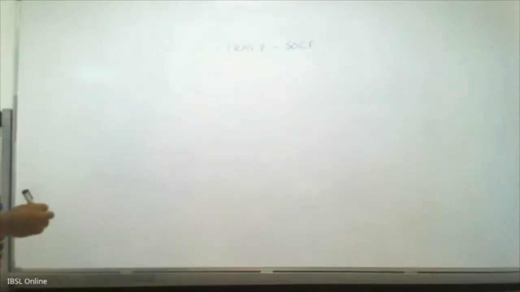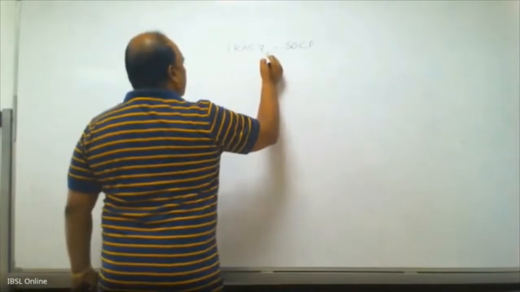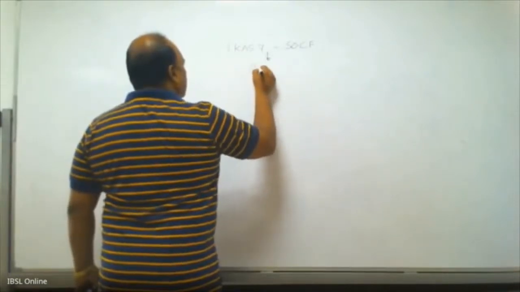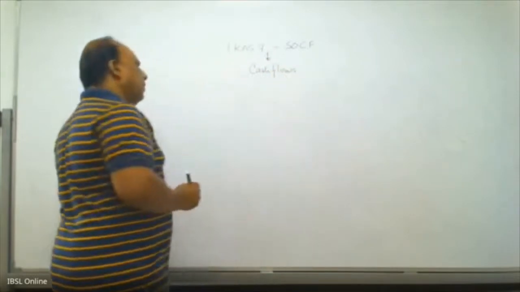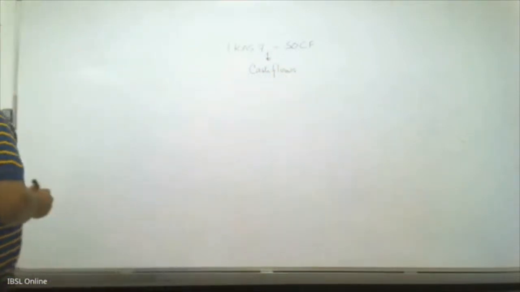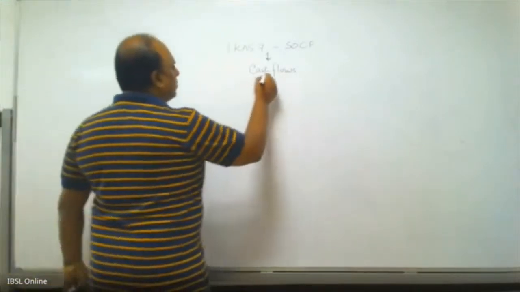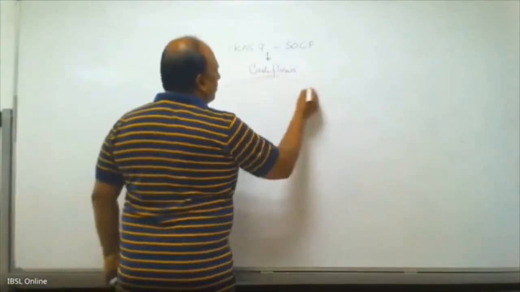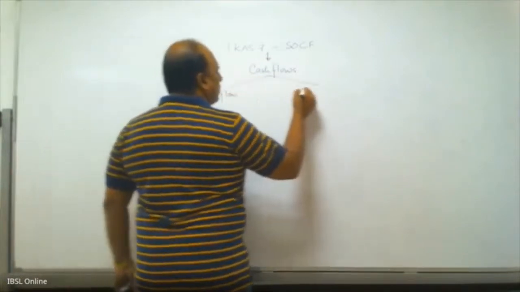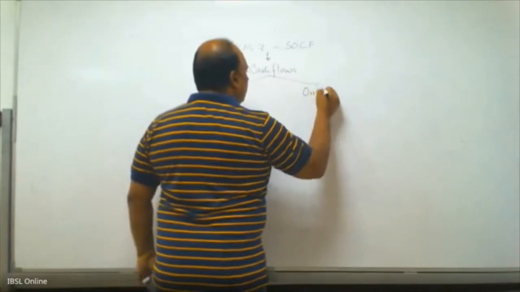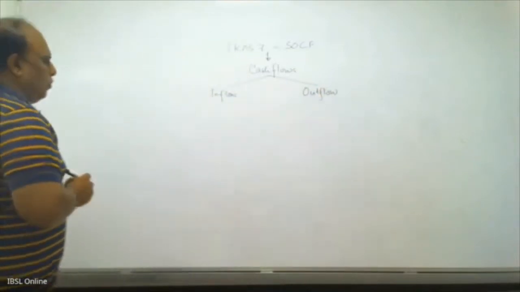So what we were looking at under statement of cash flows was basically about cash flows of a company, or maybe in your case you might get a bank also. So cash flows are of two types. We call it inflow and also outflow. Rather, cash inflow or cash outflow.